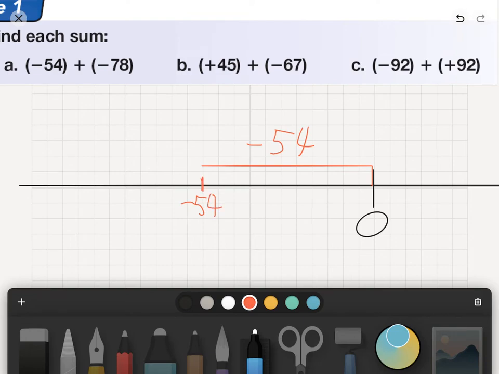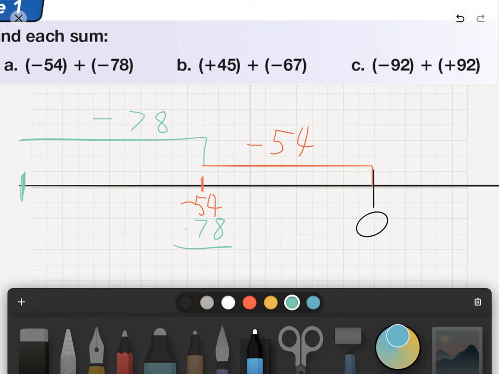But then we are combining that with the value of negative 78, which essentially means we are going 78 more to the left. To figure out where you wound up, you need to combine these values. In this case, since they're both negative numbers, you can just add them together.